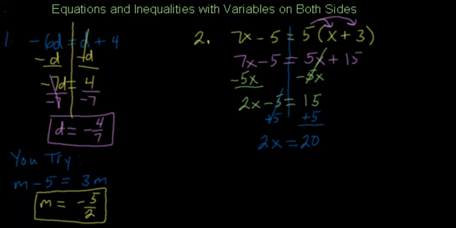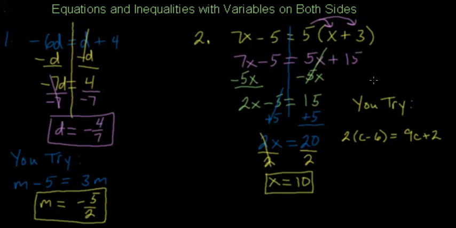And now I want to divide by 2 to both sides so that I get my x by itself, and divide this side by 2, so I end up with x equals, 2 goes into 20 10 times, leaving me with x equals 10.